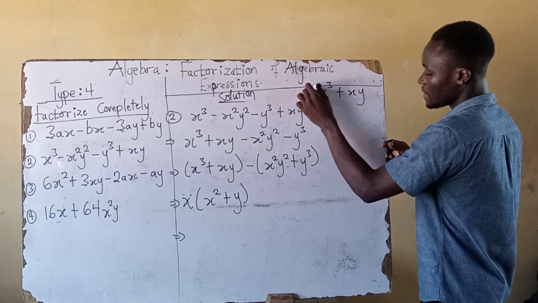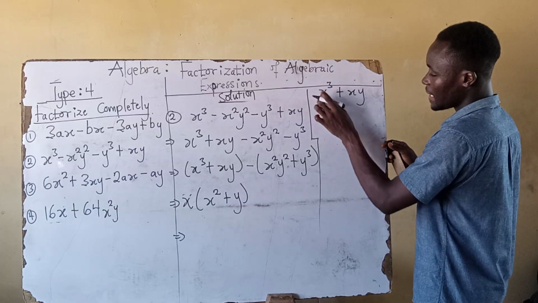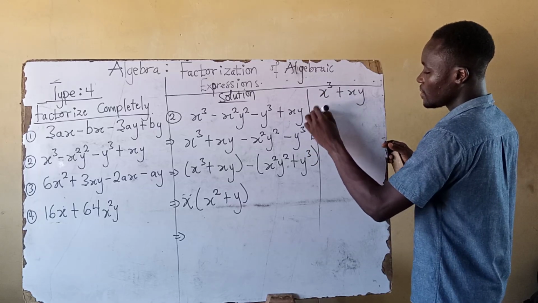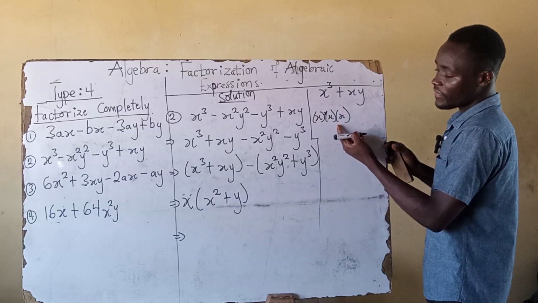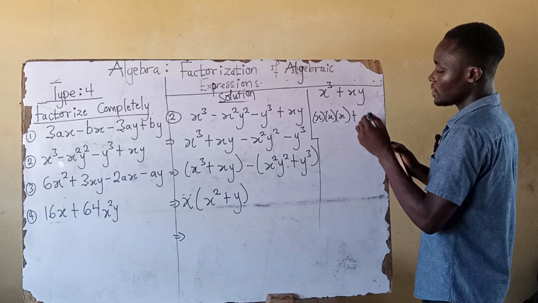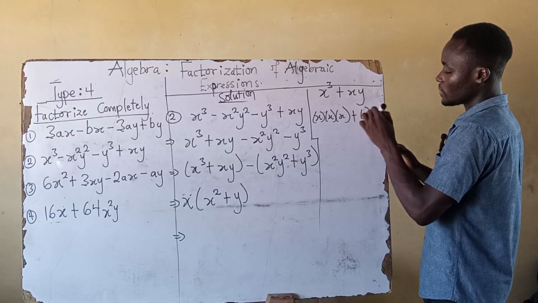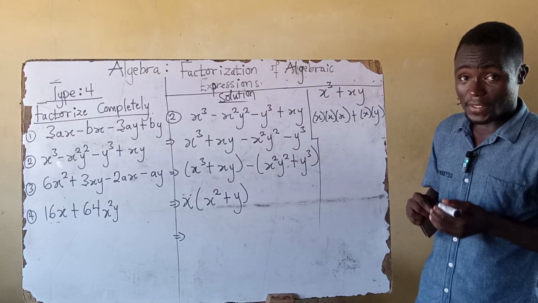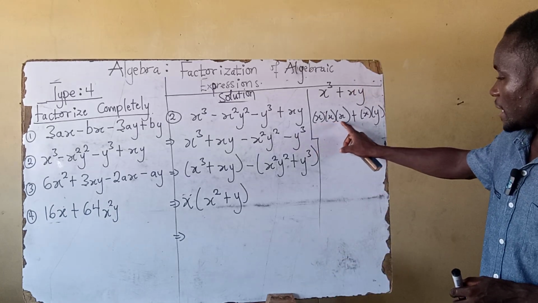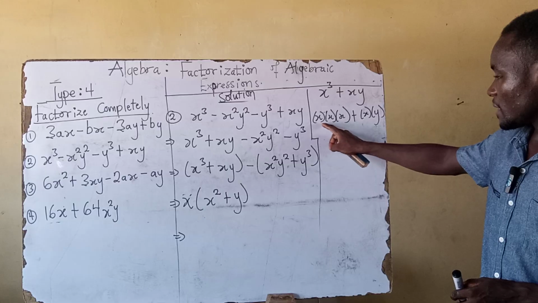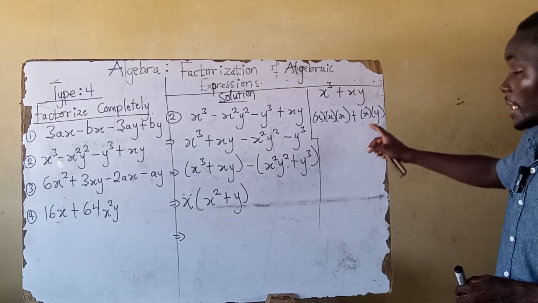Mathematically, I can expand this as x multiplying another x multiplying another x, plus xy. You see, x is multiplying itself 3 times, plus xy.